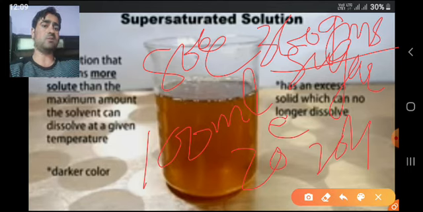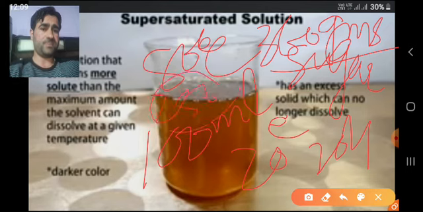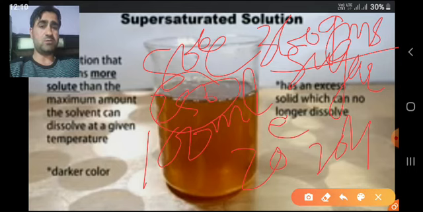At this stage we are in a position to dissolve 360 grams of sugar. So if we dissolve 250 grams, it will get easily dissolved. And if we go on cooling and decrease the temperature from 80 degrees again to 20 degrees centigrade, at 20 degrees centigrade the solution was saturated by dissolving 204 grams, but we have dissolved 250 grams.